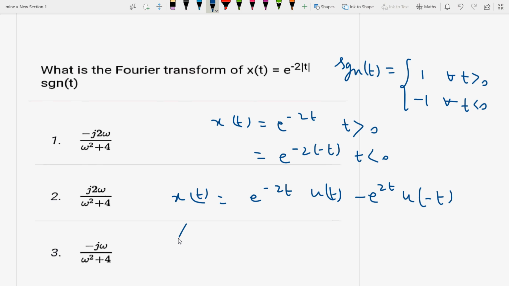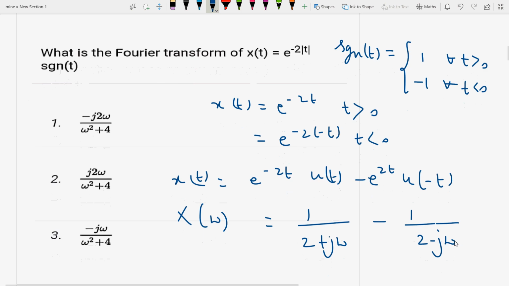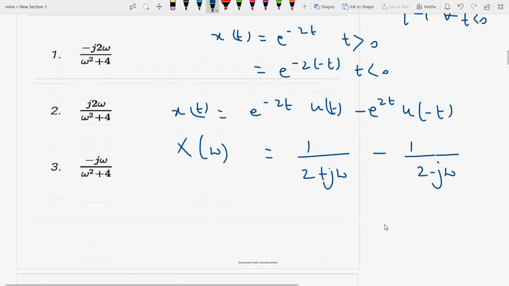Okay, now by applying Fourier transform, X(ω) will be equal to 1/(2+jω) minus 1/(2-jω). So this will come out to be as, this is in the form of a minus b, a plus jb, a minus jb. So it will be a square minus b square.